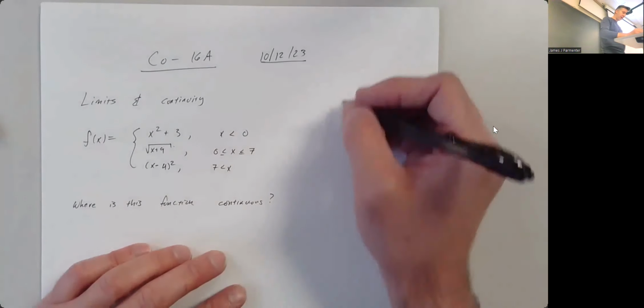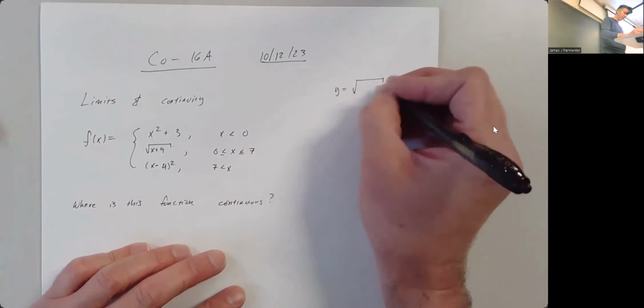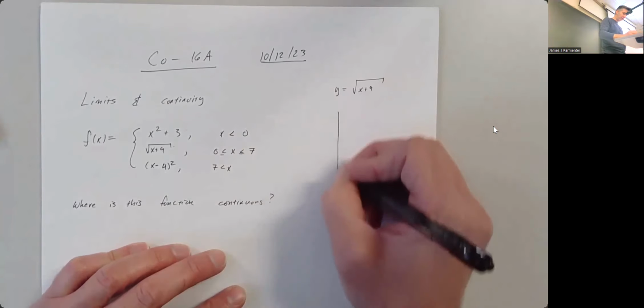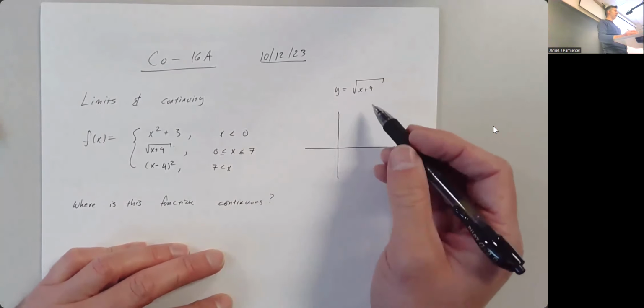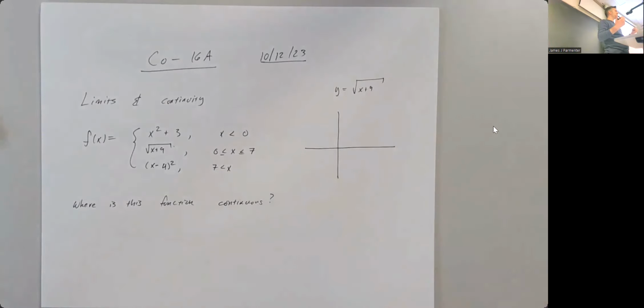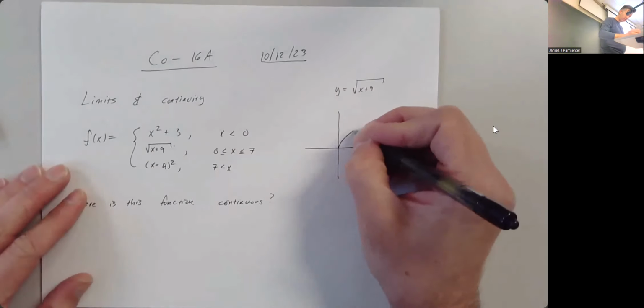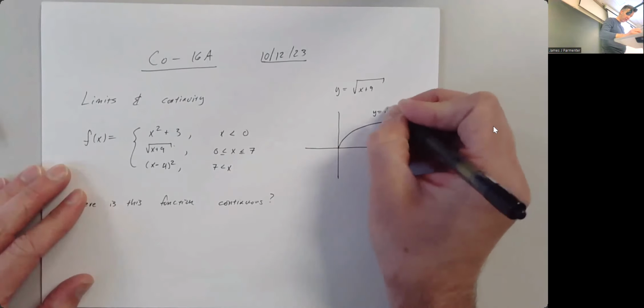So I'll just point out, if you look at y equal to the square root of x plus 9, it looks like this. It looks like the square root function, but shifted 9 to the, which way? Let's shift to the left or to the right. Right, and correct. And here's how I think about it. I know that usually the regular square root function starts at the point 0, 0.